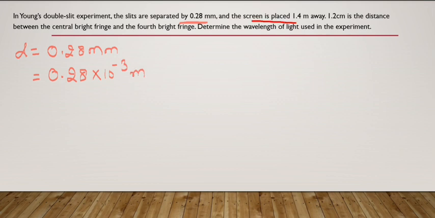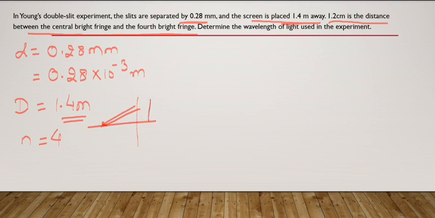And the screen is placed at a distance of 1.4 meter away. So capital D is equal to 1.4 meter. This distance is already in meters, so we do not need to convert it. And 1.2 centimeter is the distance between the central fringe and the fourth bright fringe. Fourth bright fringe means the value of n is equal to 4, and the distance here, students, when the light comes from the slits, it is incident on the y-axis.